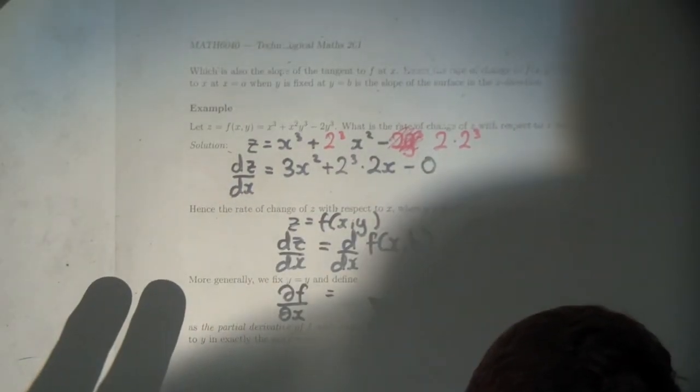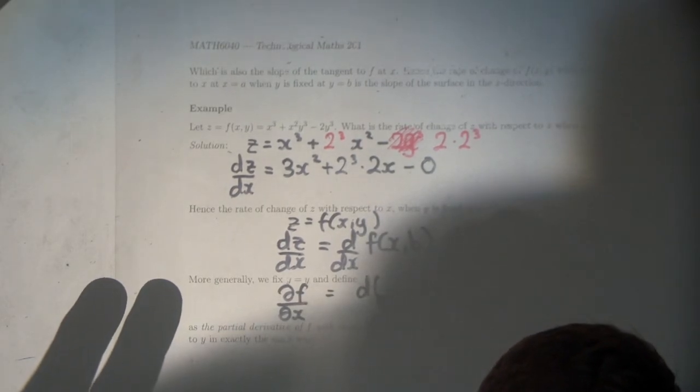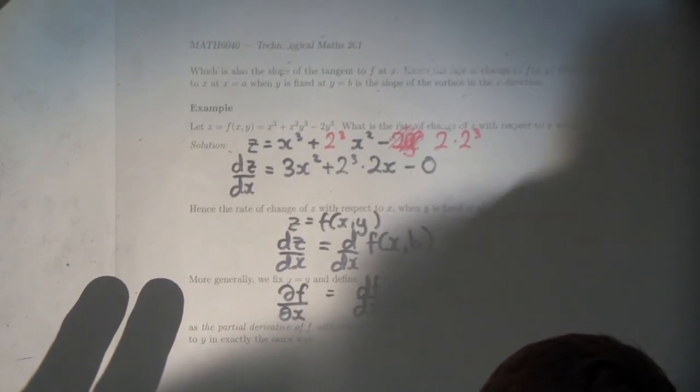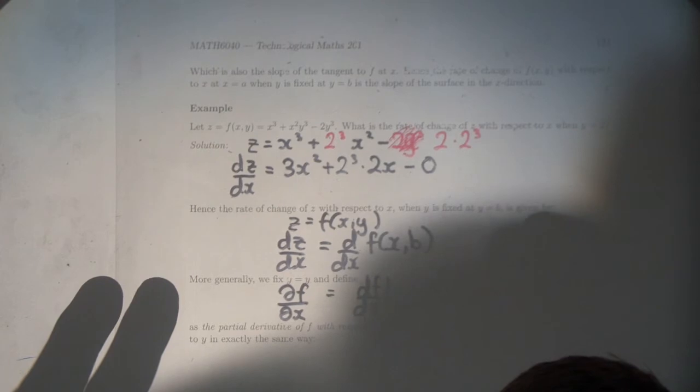Now, we're just talking about going north where east-west doesn't change, but if you have something that depends on multiple variables, you can still do this. So say there's 50 variables, this would be looking at the rate of change of f with respect to x, and all the other 49 variables are constant. So this is more or less the derivative of f with respect to x, given that y is constant.